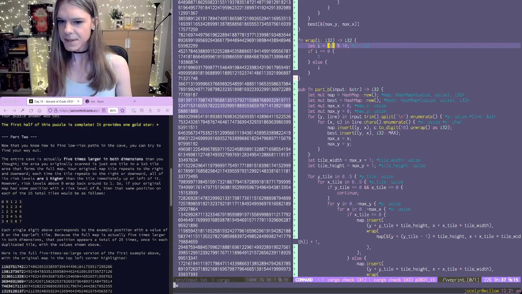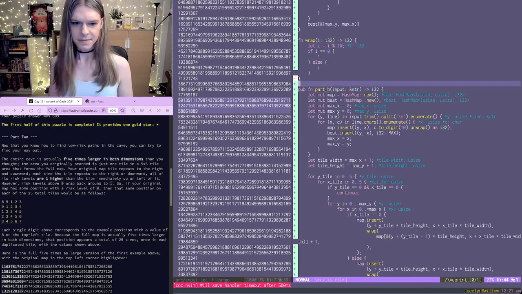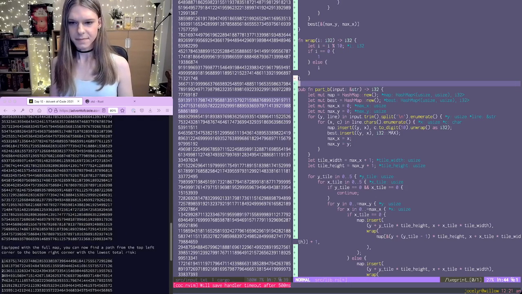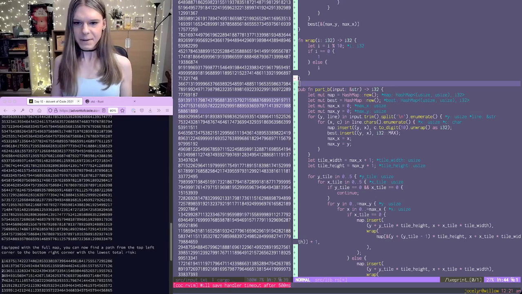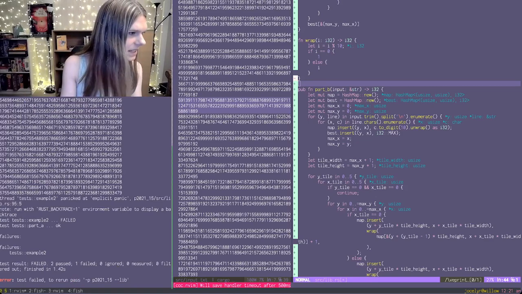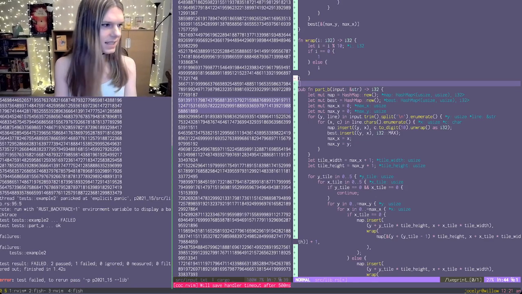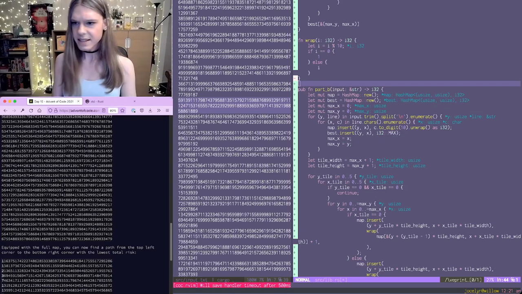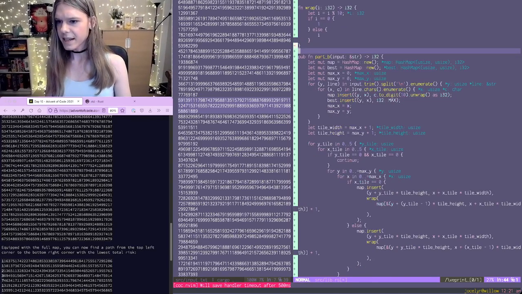We don't want plus 2, so actually just i modulo 10. Okay, and now it looks like it matches, just at least from a cursory glance, it looks like it matches the examples. So now we can move on to the next part.